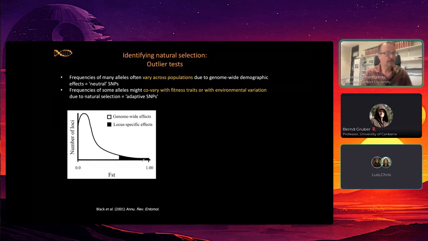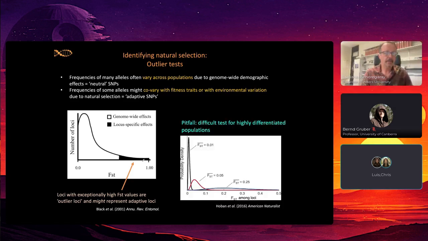This small group of markers, which include SNPs in this case, might co-vary with fitness traits or with environmental variation or with both factors because of natural selection. So we call these outlier markers. They tend to show very high FST values, and they might represent adaptive markers.